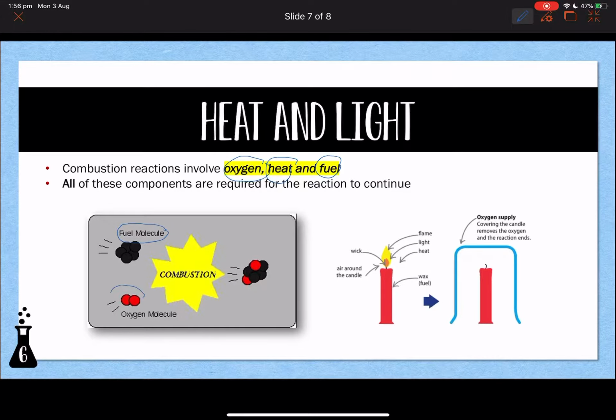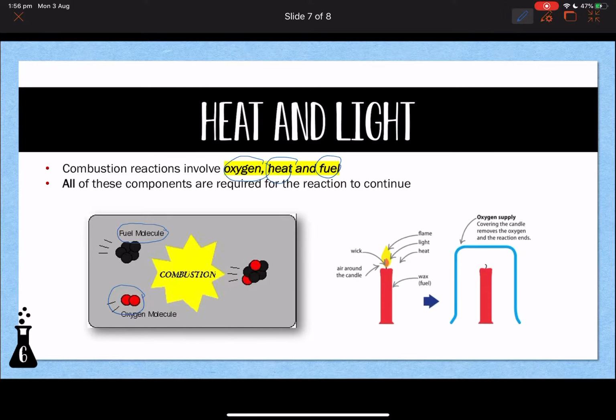Then you've got oxygen. In terms of fire, oxygen is usually from the air, and you might have seen some fire blankets, okay, that are used to put out fire. What they do is they basically smother a fire with this special fire blanket, and that stops oxygen.